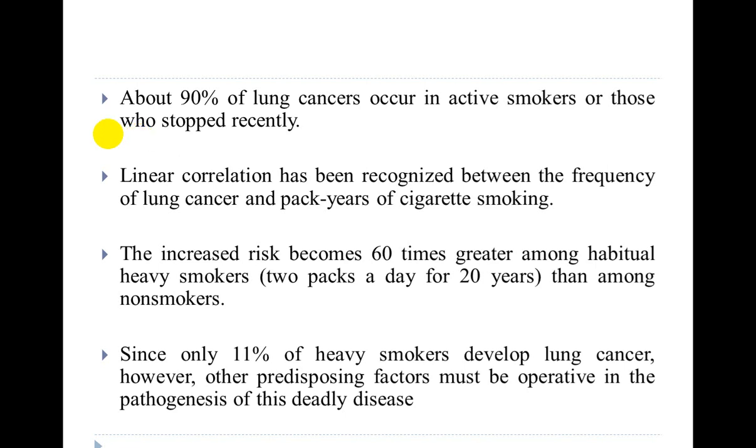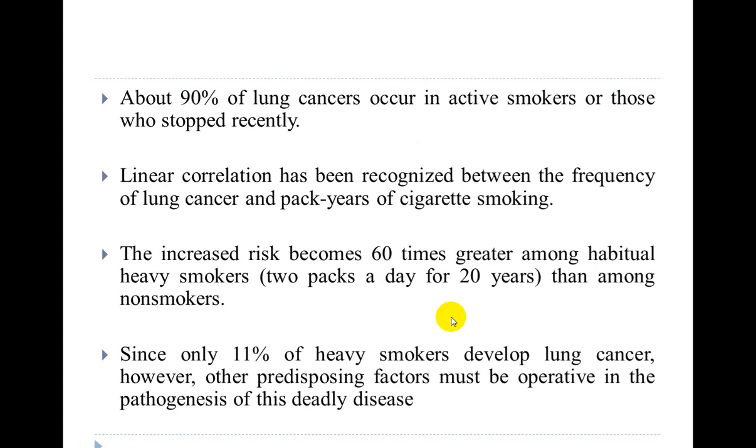The increased risk becomes 60 times greater among habitual heavy smokers than non-smokers. Smokers carry 60 times the risk of developing a pulmonary tumor compared with non-smokers.